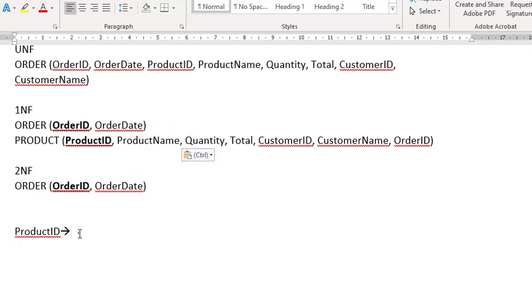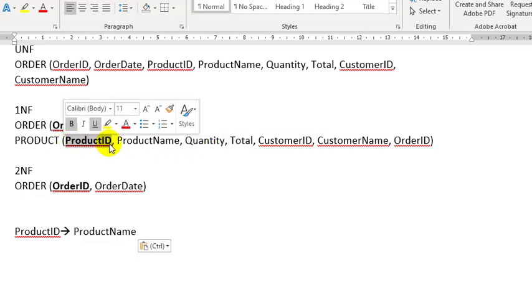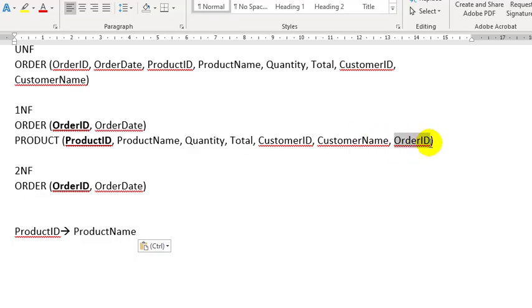How about quantity and total? Of course, these two attributes are functionally dependent on product ID, but at the same time, this quantity and total also need order ID to be explained. So you cannot put quantity and total here. But customer ID and customer name are still under product ID.